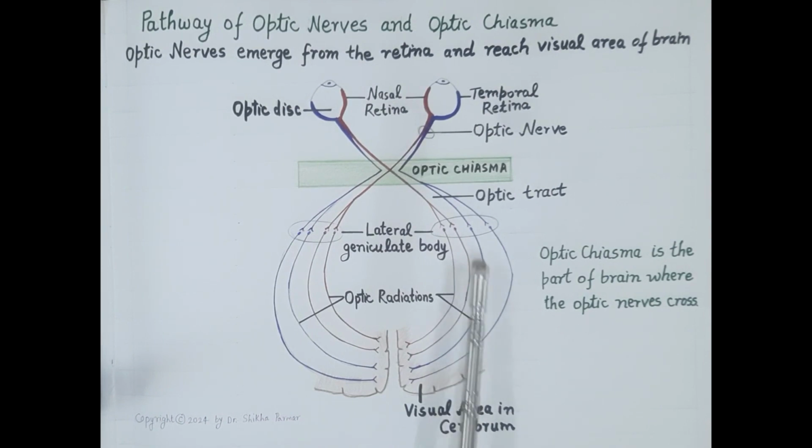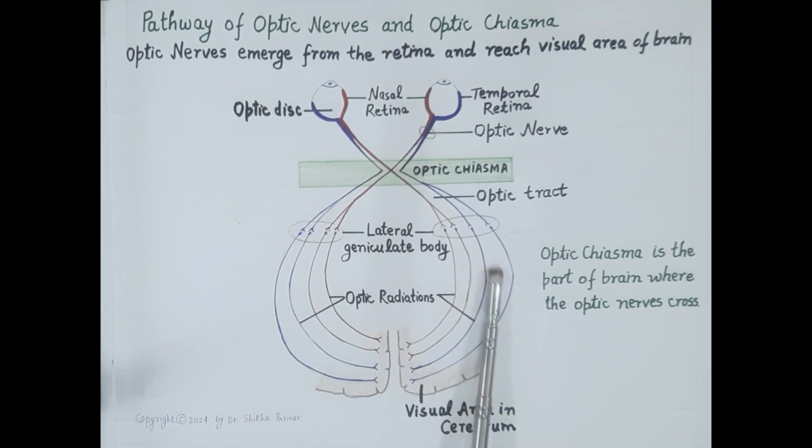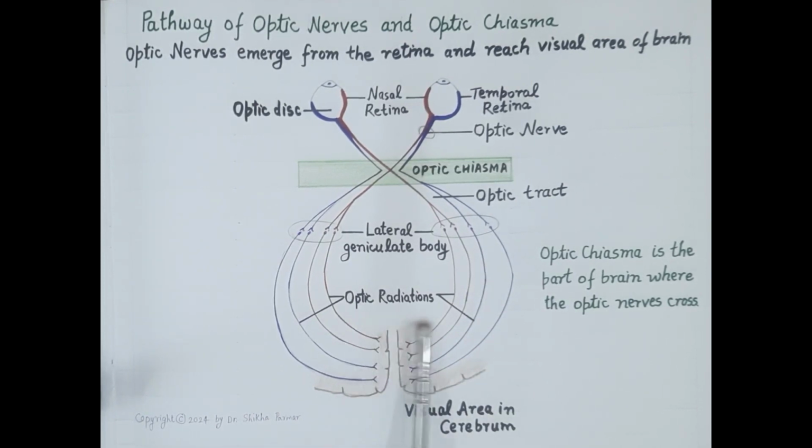From the lateral geniculate bodies, the nerve fibers proceed as optic radiations. These optic radiations finally reach the visual area of the cerebral cortex, which is present in the occipital lobe of the cerebrum.